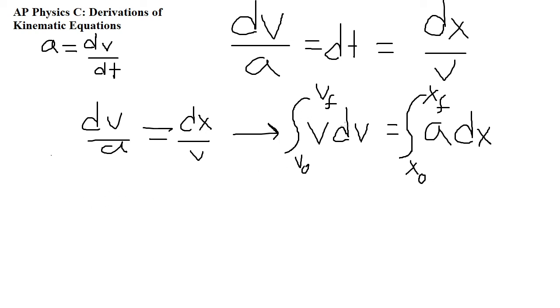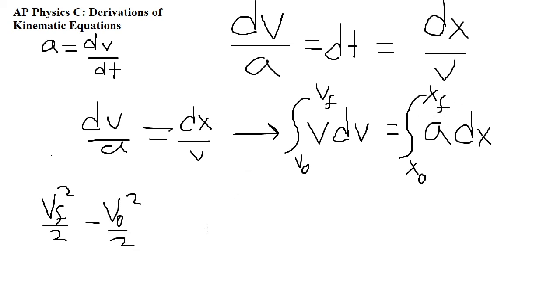So this is going to give us on the left here v squared over 2 evaluated from v naught to vf, which is just the same as saying, well, once you evaluate, it comes out to be vf squared over 2 minus v naught squared over 2.